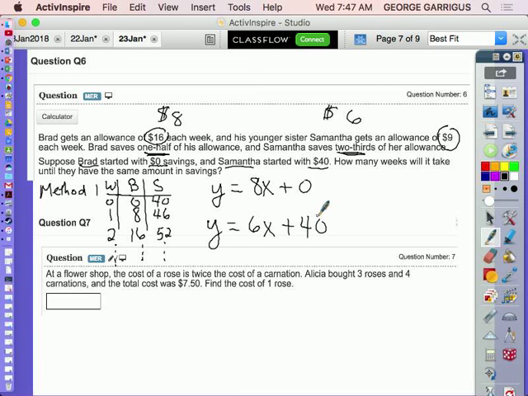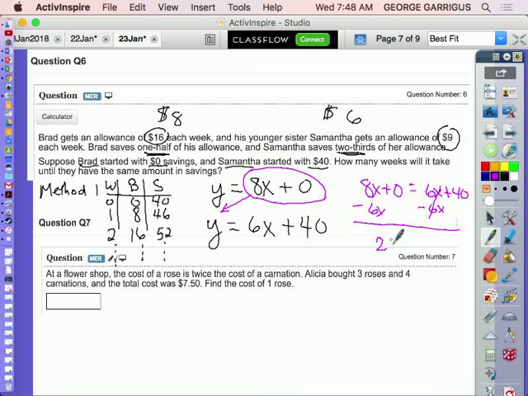So if you do it with this method, we can easily use substitution, where we're just going to substitute in, and we end up with 8x plus 0 equals 6x plus 40. Subtract 6x, subtract 6x, and you end up with 2x equals 40. So they will have the same savings after 20 weeks. So that's a lot faster way.